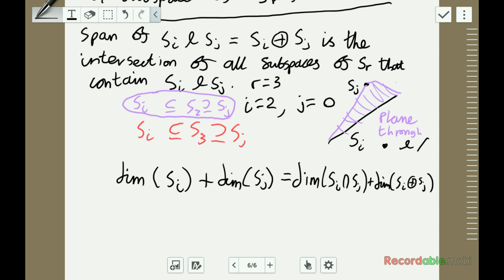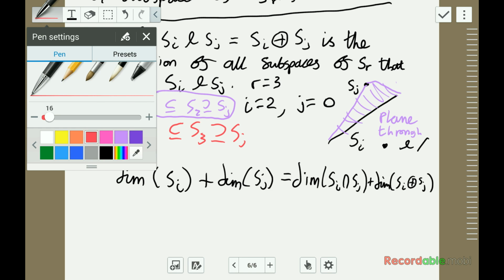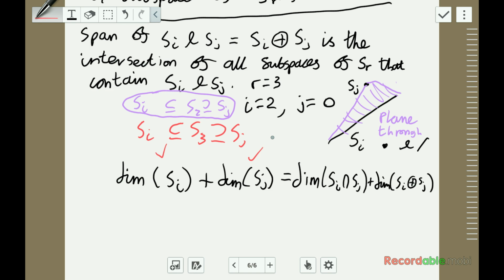So essentially what this means is that if you have a couple of these subspaces intersecting, and you can work out what the dimension is of the subspace in the intersection, well, then you know enough information to work out the span dimension, because you know this, and you know this, so you can work out this, or vice versa.